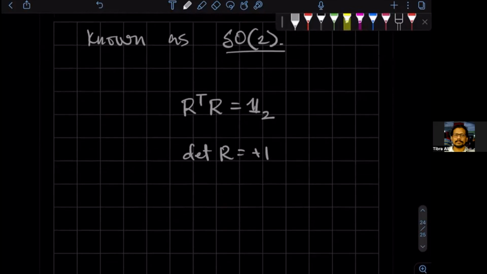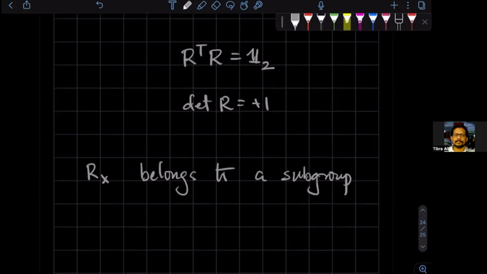So what we were calling Rx belongs to a subgroup of SO3, belongs to an SO2 subgroup of SO3.